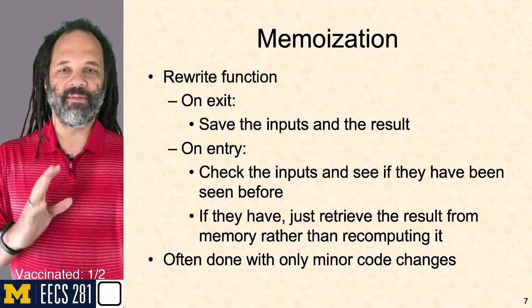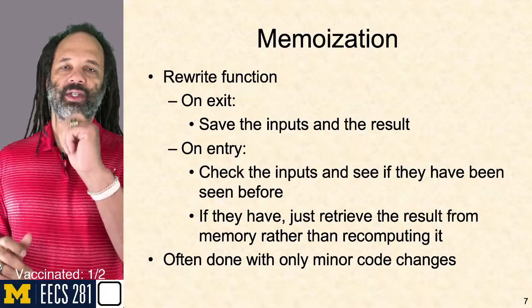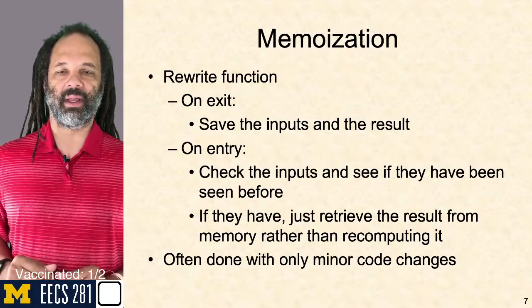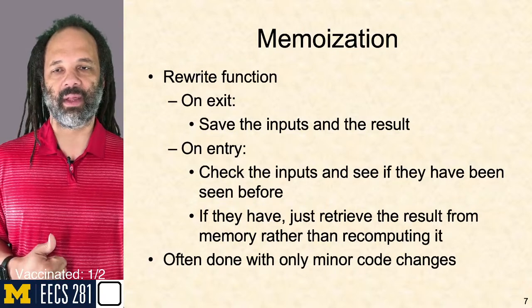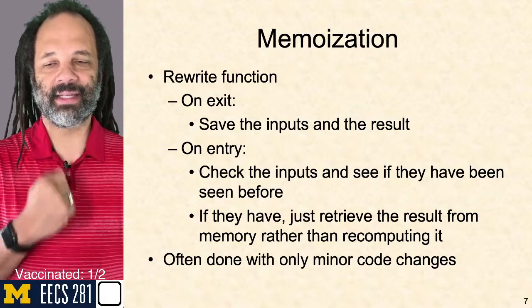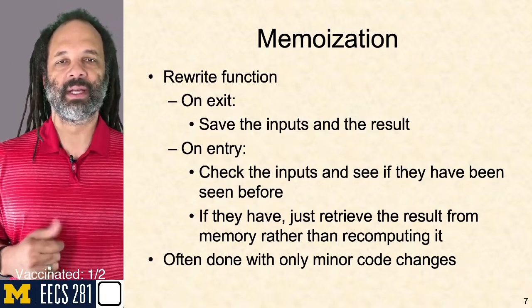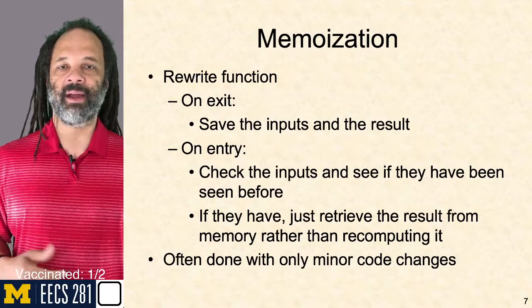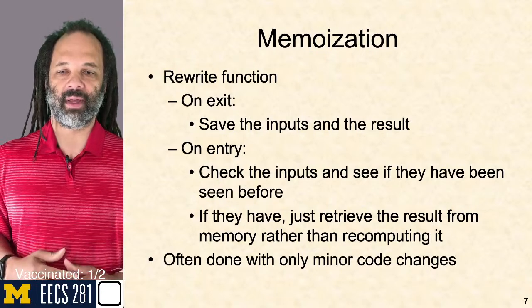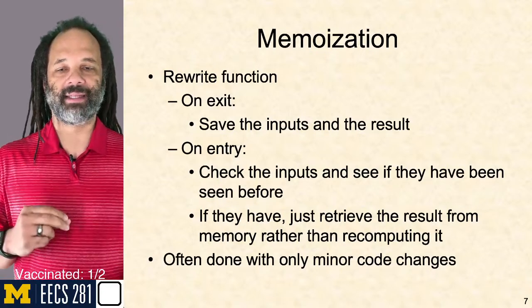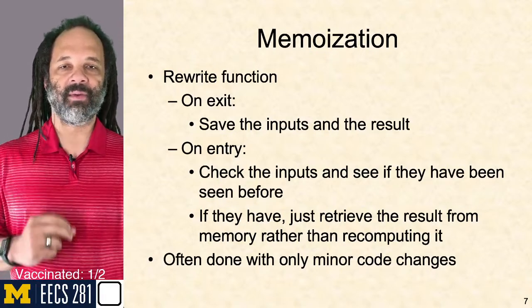Right before I exit, instead of returning the value that I've just calculated, I want to save that value and save its inputs. I need its inputs so that the next time I come in with those inputs, I can use them to look up the value that I've calculated. So right before I exit, I save the inputs and the result.